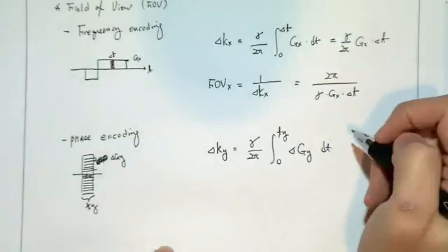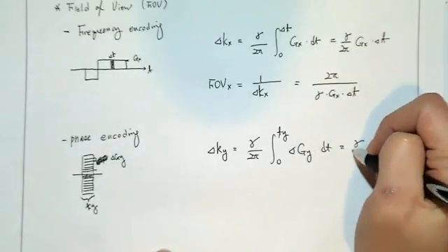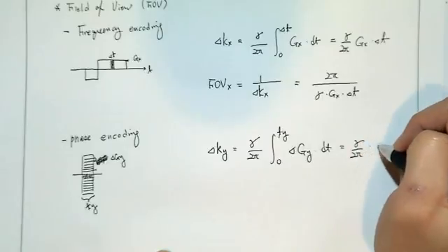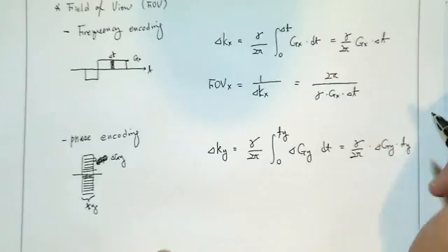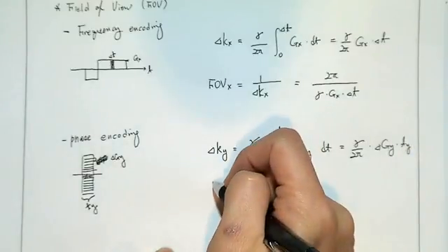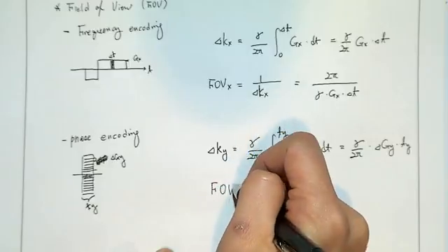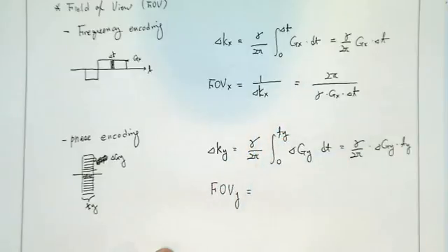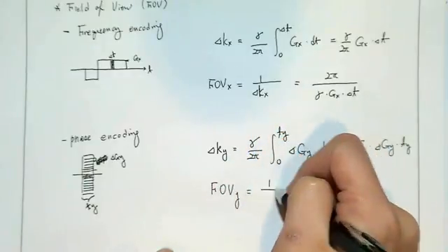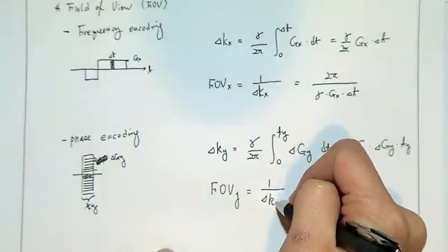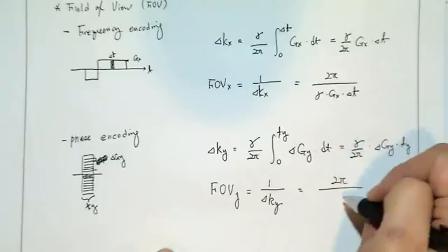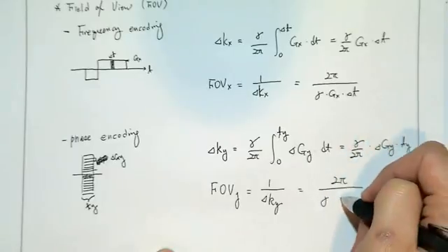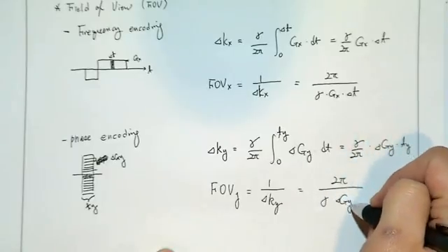In other words, it is gamma over 2 pi delta gy times t. Okay? So field of view y is equal to what? 1 over delta ky, and it's 2 pi over gamma delta gy ty.